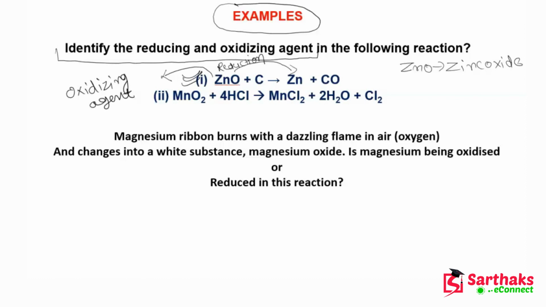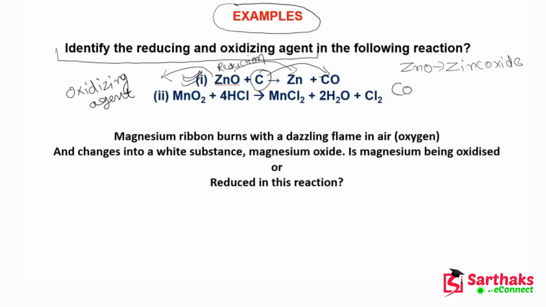Now guys, let's talk about this carbon. You can see there is an addition of oxygen in carbon. So this carbon is getting oxidized into carbon monoxide.